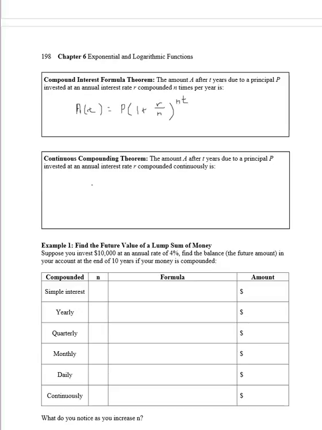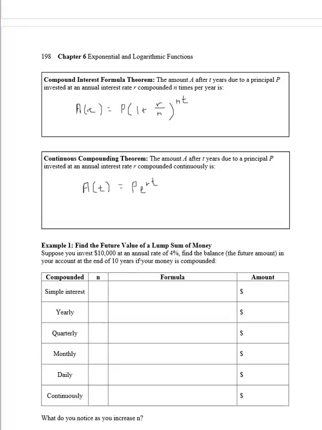If it's continuously compounded interest, the amount after T years equals the principal times E to the rate times time.